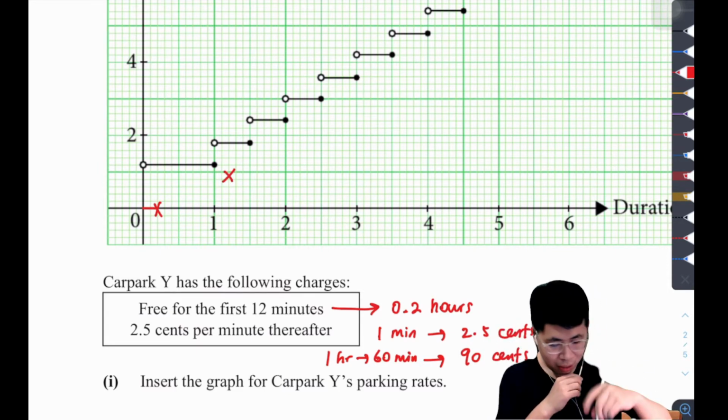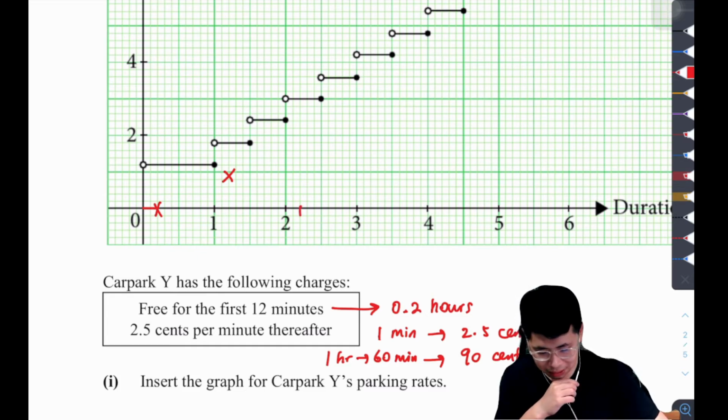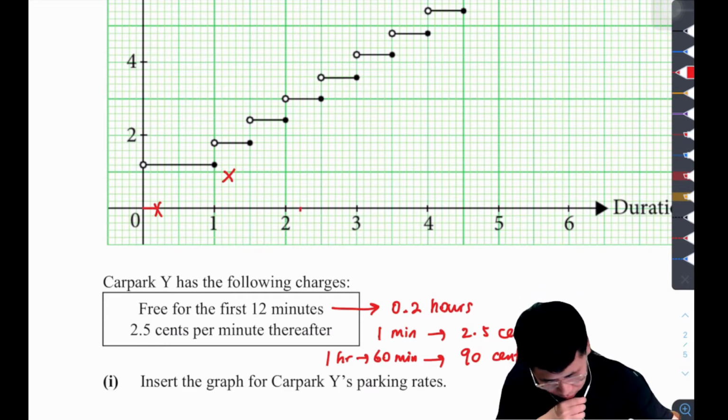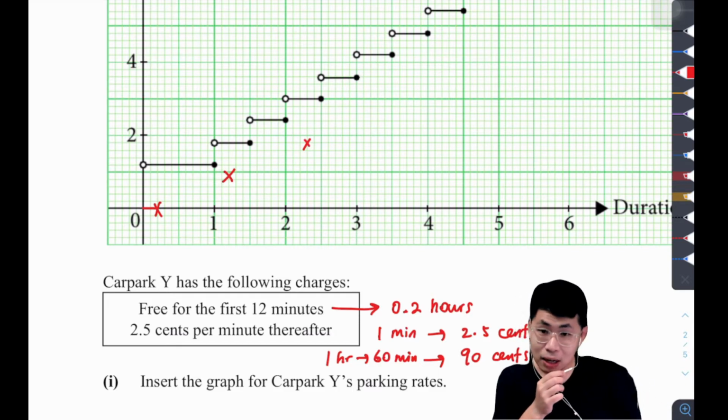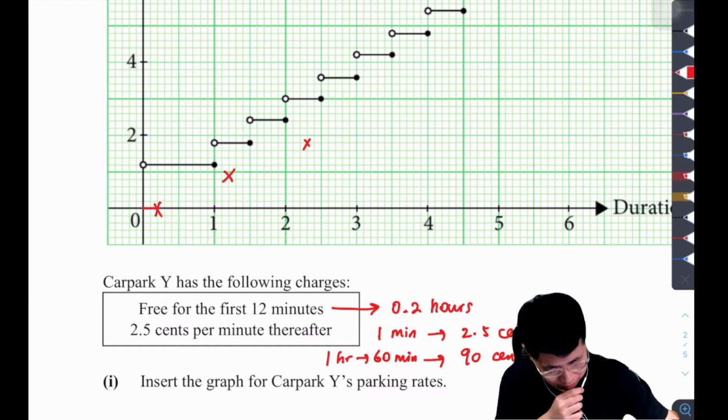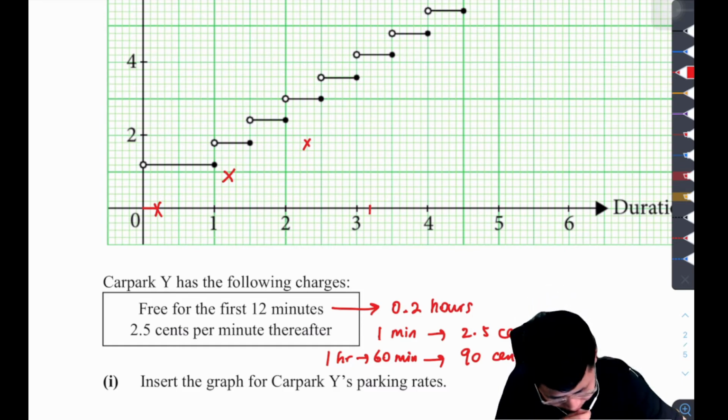One hour later, which is 2.2 hours, we go up another 90 cents, so it's going to be 180. So at 2.2, we go up to 180. Then another hour, which is 3.2 hours, goes up another 90 cents, so it's going to be 270, somewhere over here.